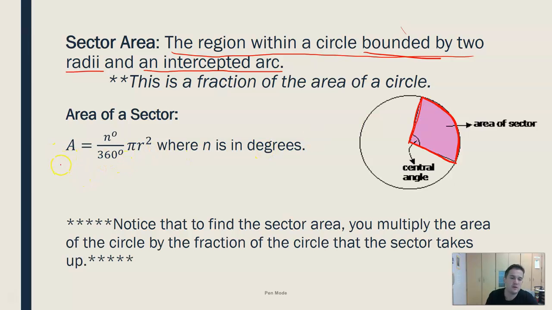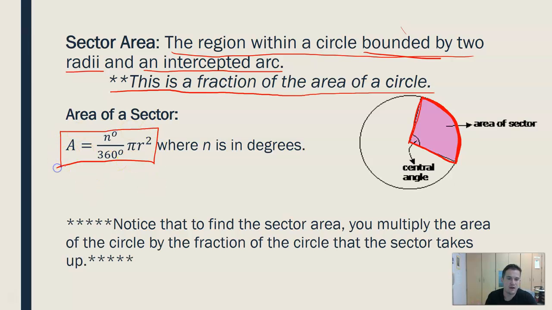So here's the formula, with a little asterisk here. This is a fraction of the area of a circle. An arc length was a fraction of the circumference of a circle. Sector area is just a fraction of the area of the circle. Notice the area of a sector is n divided by 360 degrees times pi r squared. For arc length, the formula was n divided by 360 times 2 pi r, just the fraction of the circle multiplied by the circumference.